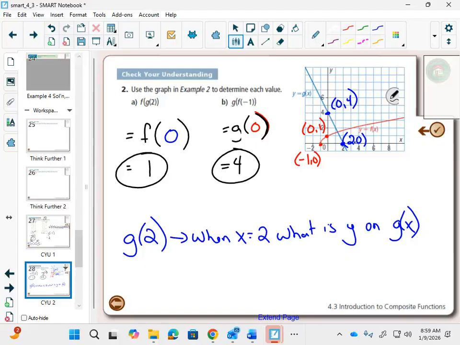Once you understand the notation, then the questions are going to become really easy, right? But if you don't know the notation, it doesn't matter how easy it is, it would be hard for you. Okay.